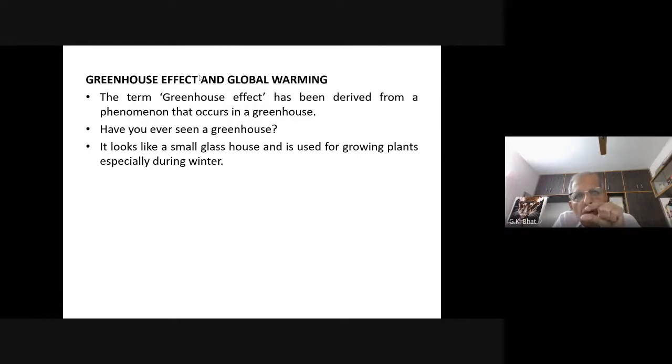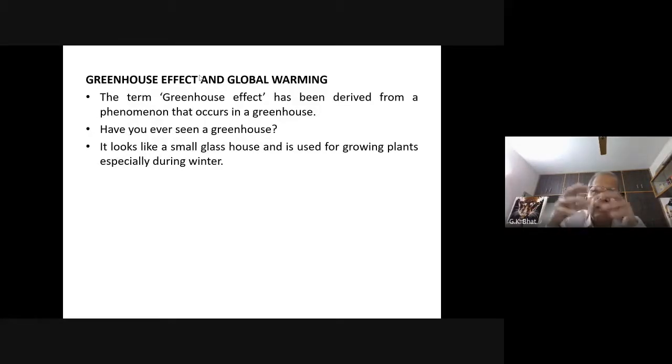If you enter the greenhouse, within 15 minutes you feel like coming out. You can't stay. What is the concept of a greenhouse? A greenhouse allows the light to come in, but it does not allow the heat to radiate out. That is the concept.